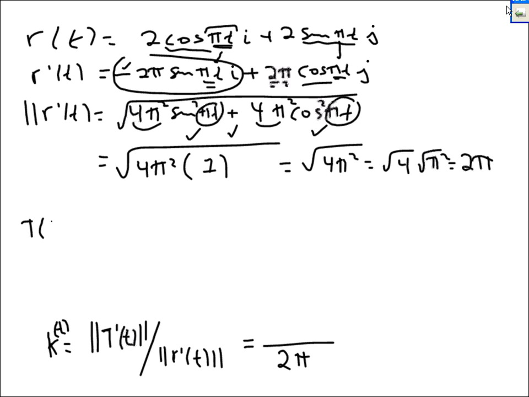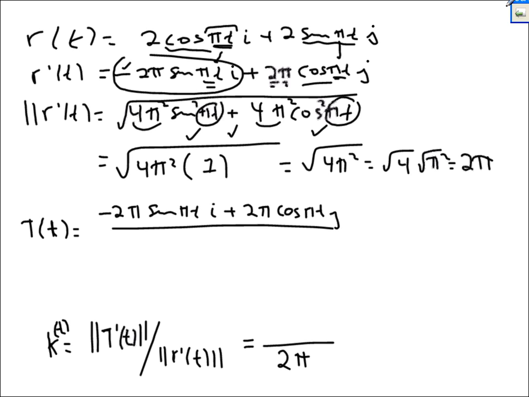Well, T of t is r prime, which is negative 2 pi sine pi t in the i direction plus 2 pi cosine pi t in the j direction divided by the length of r prime, which we just gleaned was 2 pi.